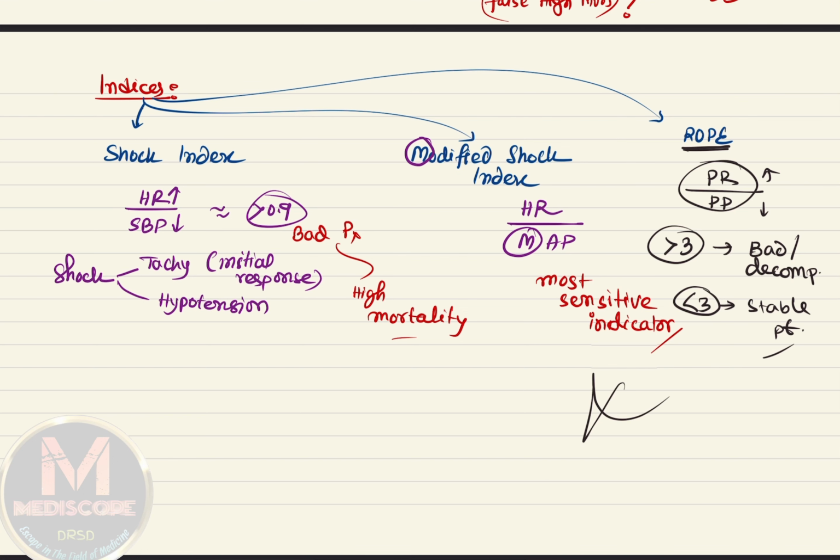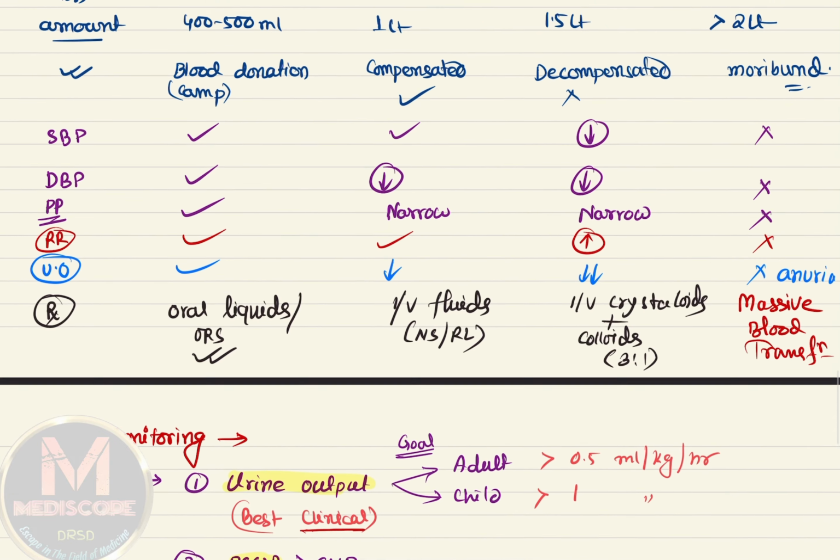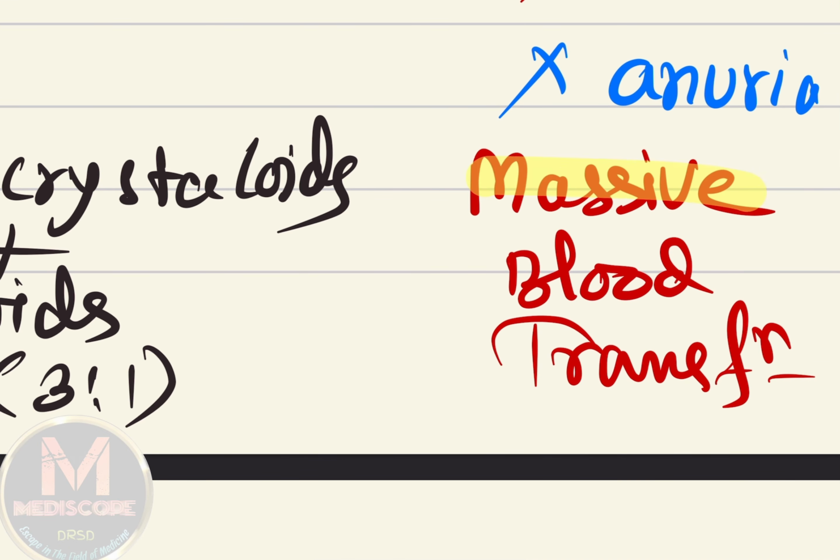Okay. The last topic is massive blood transfusion. I told you that in category 4 or class 4 hypovolemic shock, you have to transfuse the maximum amount of blood and restore that. What is the definition of massive blood transfusion?